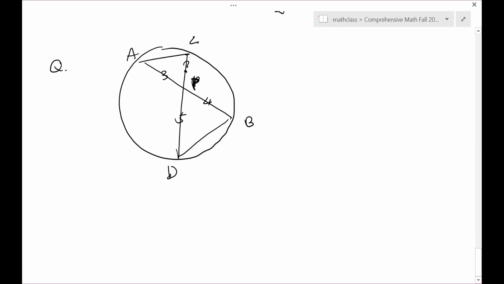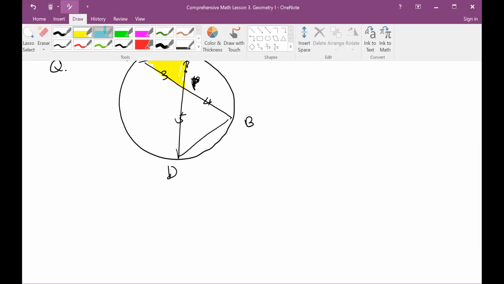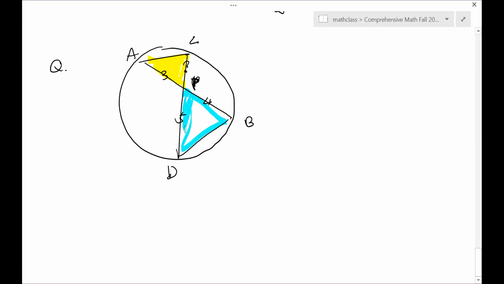So look at these 2 triangles. Those two triangles are actually similar, but you have to prove it. Why are they similar? For similarity, you have to get the corresponding angles. These two angles are definitely the same, alpha, alpha, right?